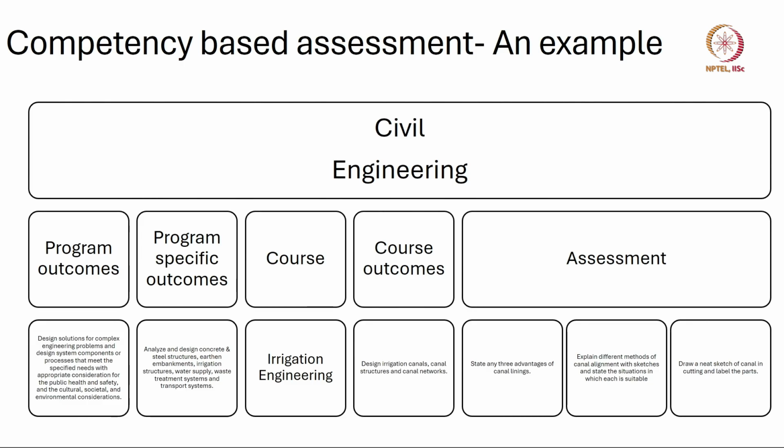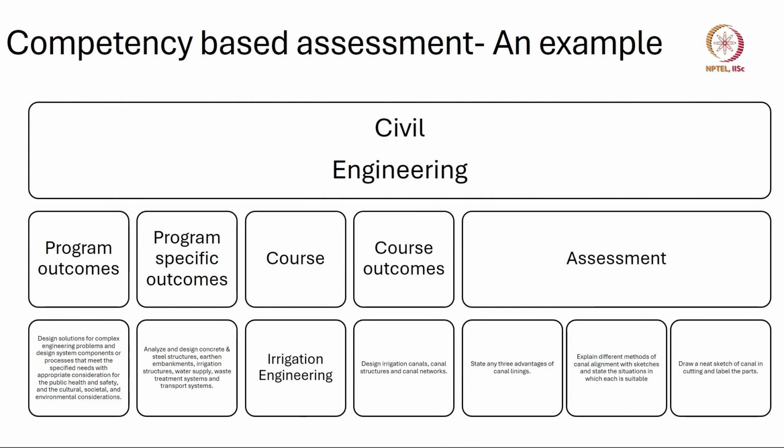The program specific outcome further emphasizes the ability to analyze and design civil engineering systems such as irrigation structures, water supply and transport systems. Again, it is important to notice that this program specific outcome expects the ability of applying, analyzing and also certain design skills. Now when we move to the course level, the course is Irrigation Engineering.